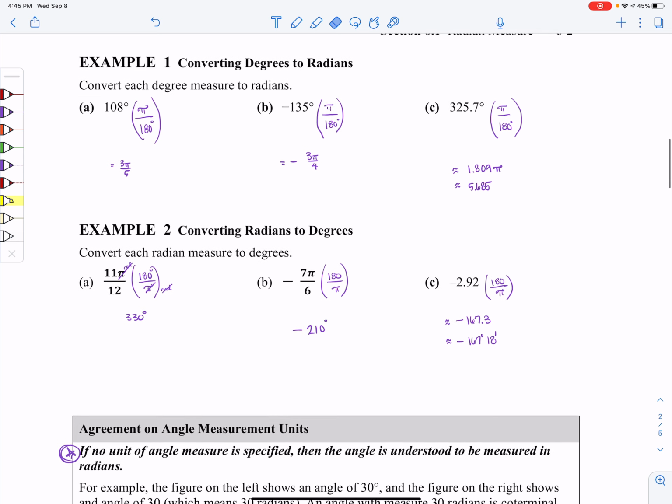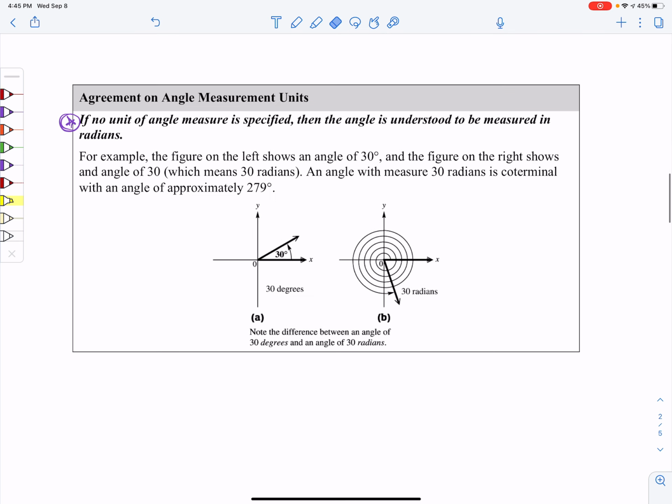All right, now let's talk about those units, because I keep leaving off the units of radians, but I try to write the degree symbol when it's a degree. Here's the deal. If no angle measure is specified, it's automatically a radian. The lack of a degree symbol says it's a radian. So you'll see two examples here. One of them is a picture of 30 degrees, and the other one is a picture of 30 radians.